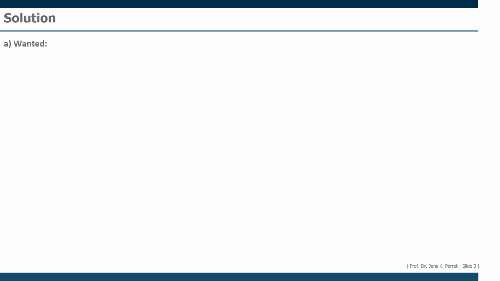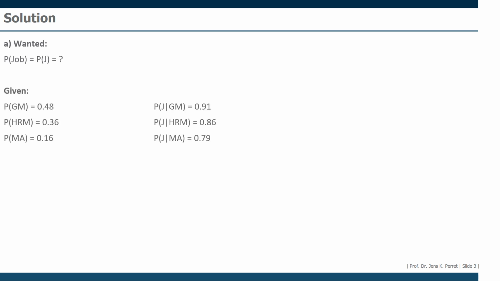And we start with the first one, which simply is: what is the probability that someone will directly find a job after their studies are done? Well, what do we know? We know from the exercise the probability that someone will find a job conditional on the different study programs.